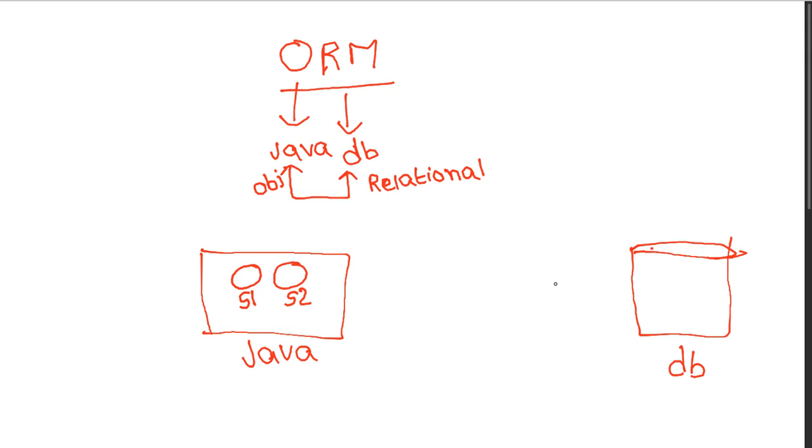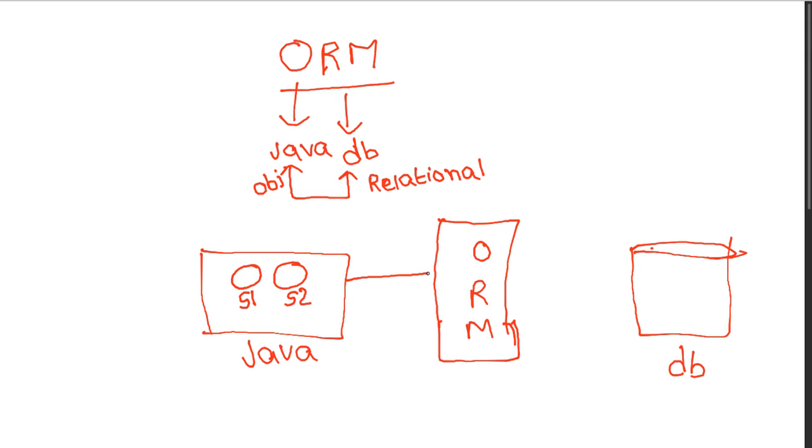I can use the getter methods of this student class and write an insert query. So what I am doing is, in the middle of the Java application and the database, I am introducing one tool called ORM, object relational mapping.